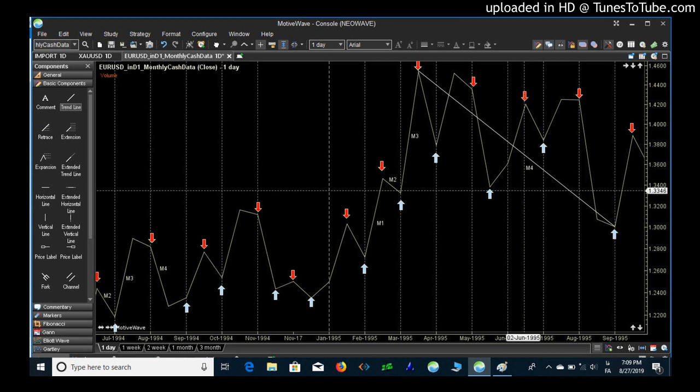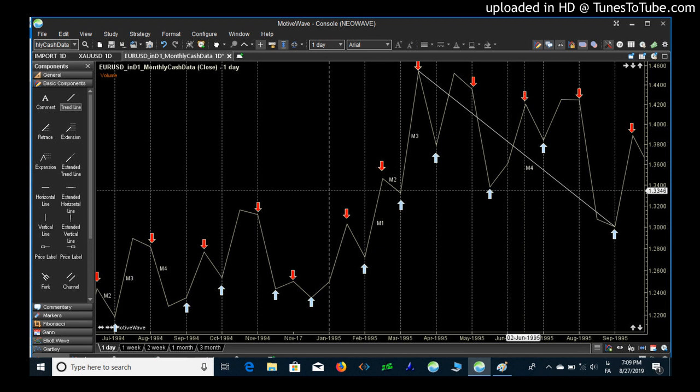And for those of you who've been doing wave theory for a long time, you're probably aware that in contracting triangles, it's very common for the E wave of a contracting triangle to also be a contracting triangle. It's very common for the E wave of an expanding triangle to be an expanding triangle. So for the same reason, it's very common for the 5th wave of a 5th wave extension to be a 5th wave extension. So that all makes sense.